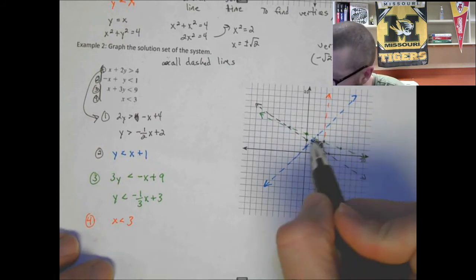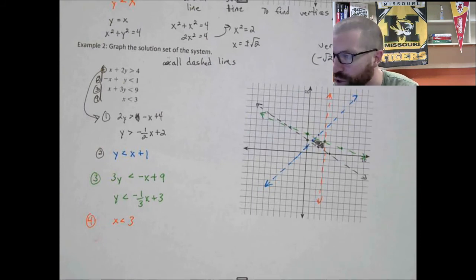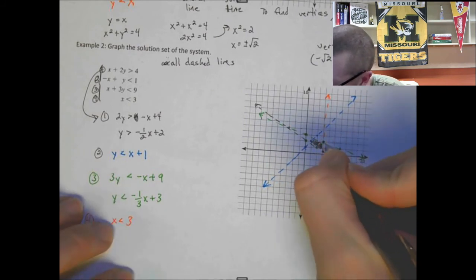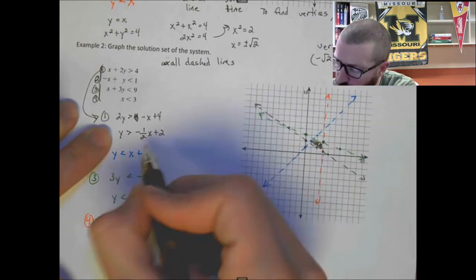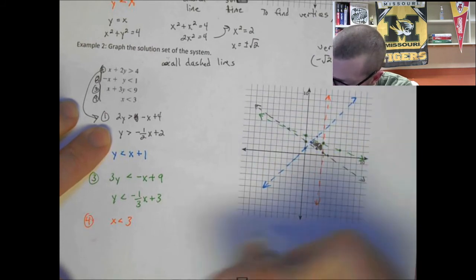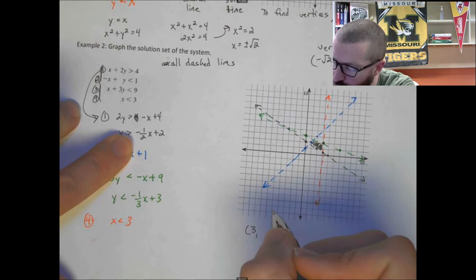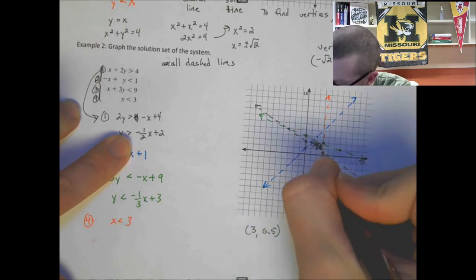To find the vertices, you want to look at where each line intersects. So if you want to find the vertices, here I need to find these two, and that's where x is going to be equal to 3 for the green and the black. So for the black, if I plug in 3, I get negative 3/2 plus 2, which is 0.5 for down here.